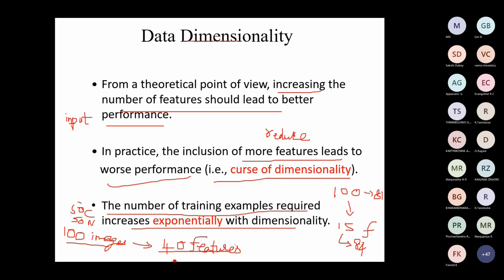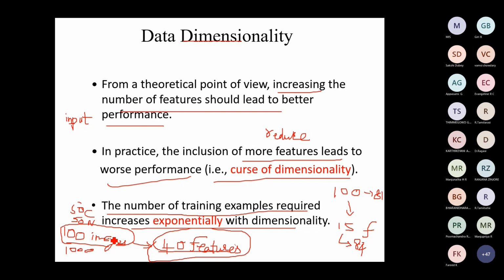That means that for training the classifier on 40 features, to identify whether the features are good for classification and all those things, the number of images used here is not sufficient. For 40 features, we need at least 1,000 images for training your classifier, that is ANN or SVM or decision tree or any of these classifiers.